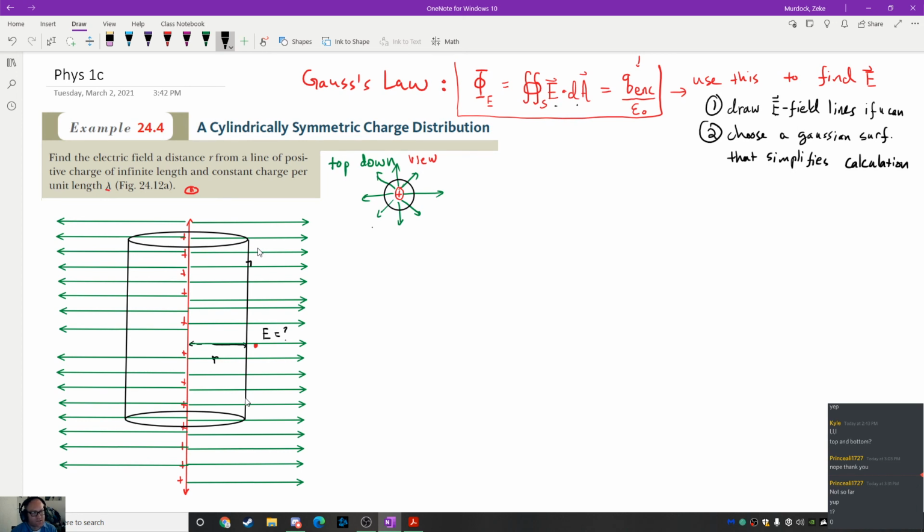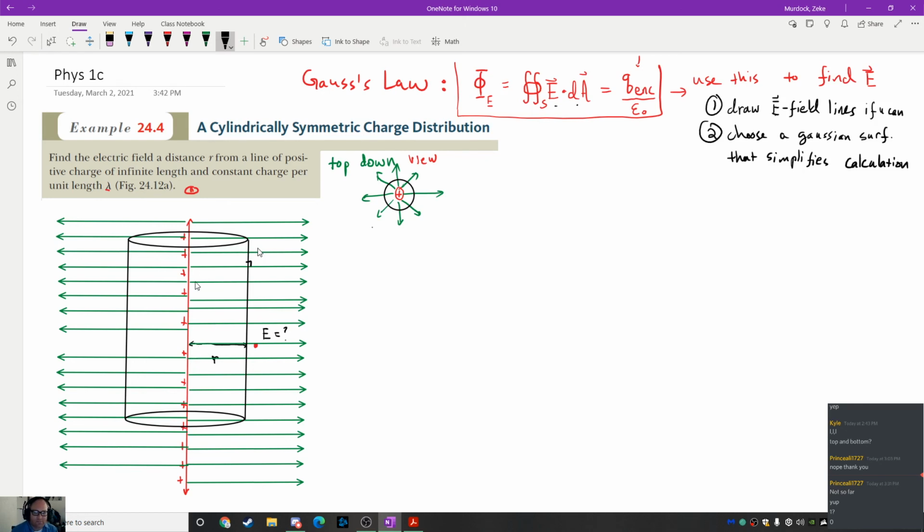Picking the Gaussian surface is the hard part, because it could literally be any surface your imagination can come up with. Our surface could have been in the shape of a rabbit if we wanted to, but obviously a rabbit would not make these nice, simple things, so we choose a geometrical object that exploits the symmetry of the problem. This type of problem has what we'd call cylindrical symmetry. It is a cylindrically symmetric electric field, right?